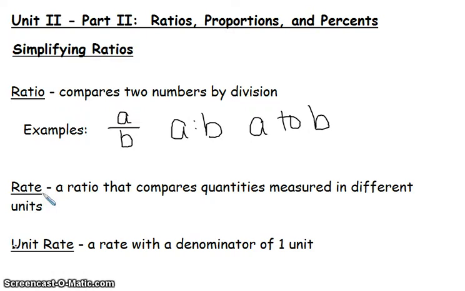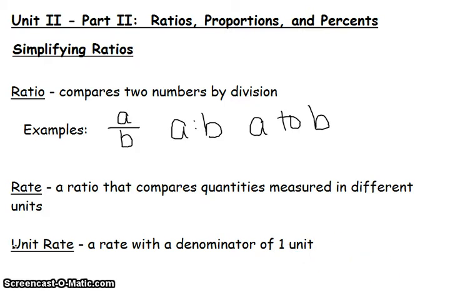What that means is if you have miles per hour, you're going 55 miles in 1 hour. That would be an example of a unit rate. But if you run 300 yards in 30 seconds, that would not be a unit rate because your denominator is not 1. You would have to convert that and simplify your ratio down until you get it into a unit rate.